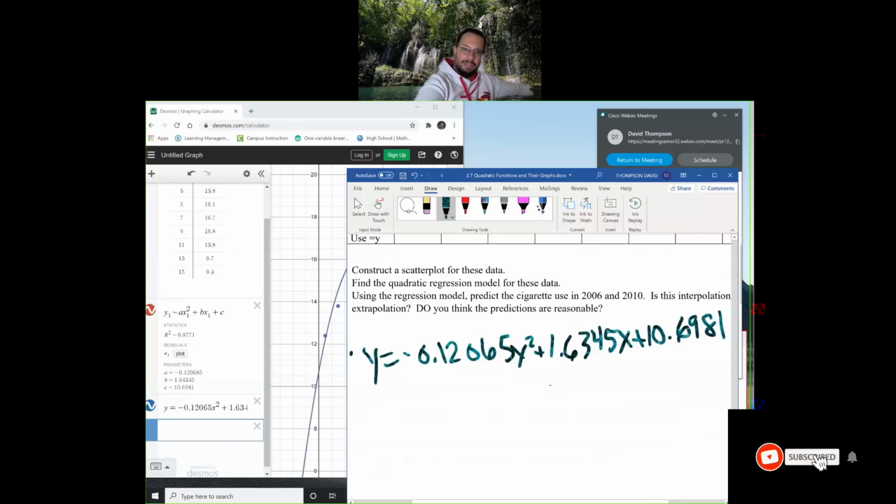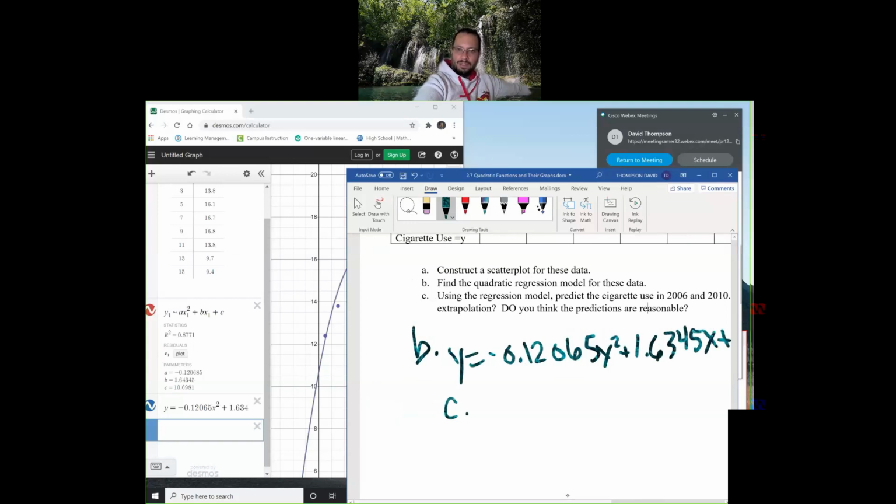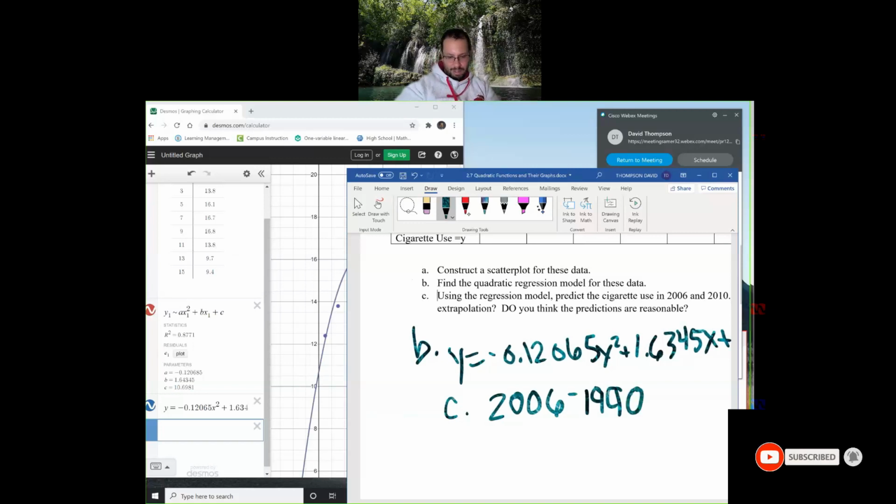So 2006, just for comparison, 2006 minus 1990 will give me 16.